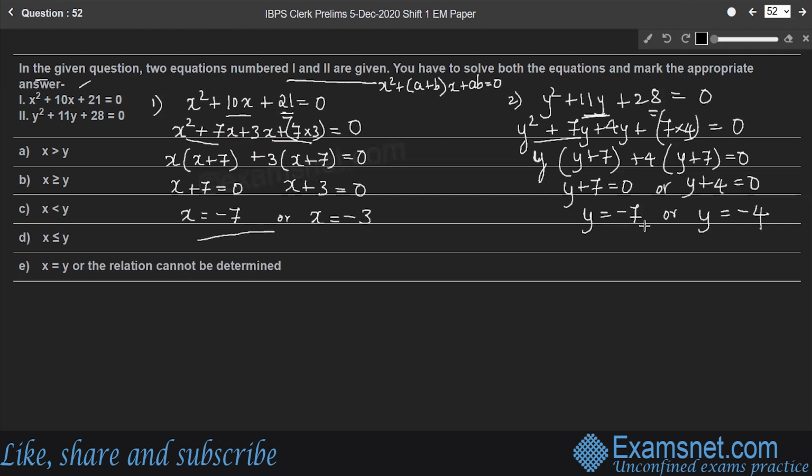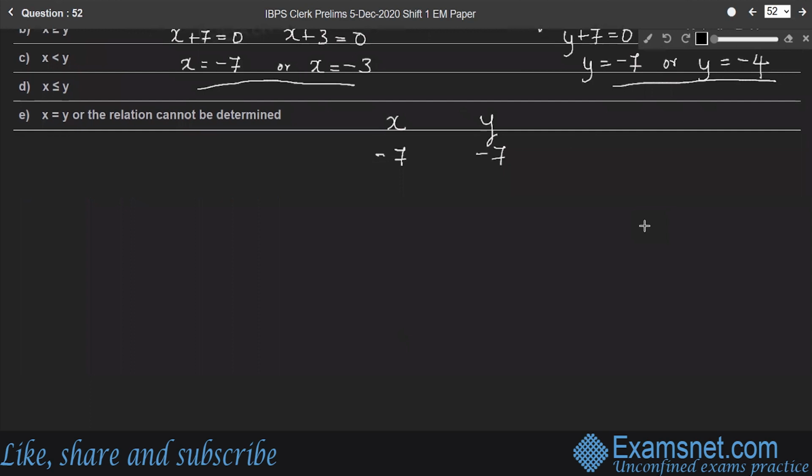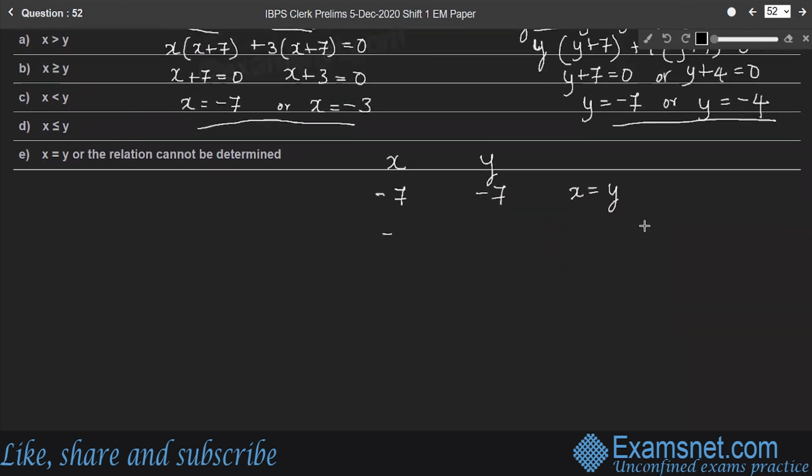So let us combine the values of x and y and compare, right? If the value of x is minus 7 and y is minus 7, then x will be equal to y, right? If x is again minus 7 and y is the next value, that is minus 4, then x will be less than y, right?